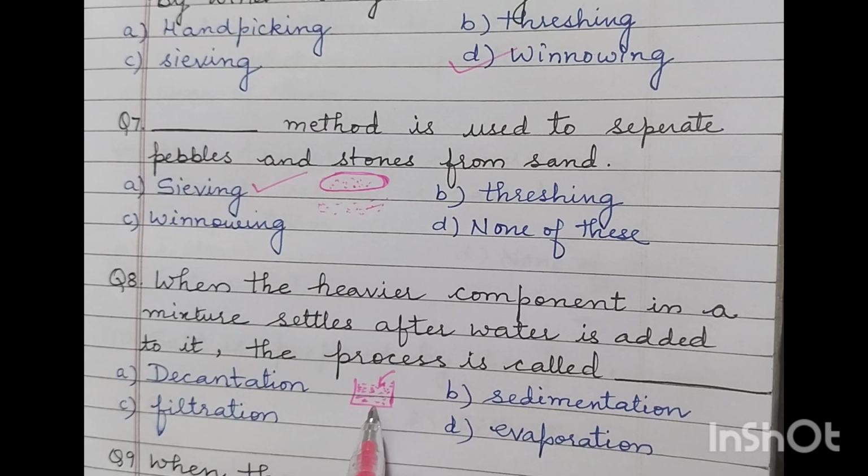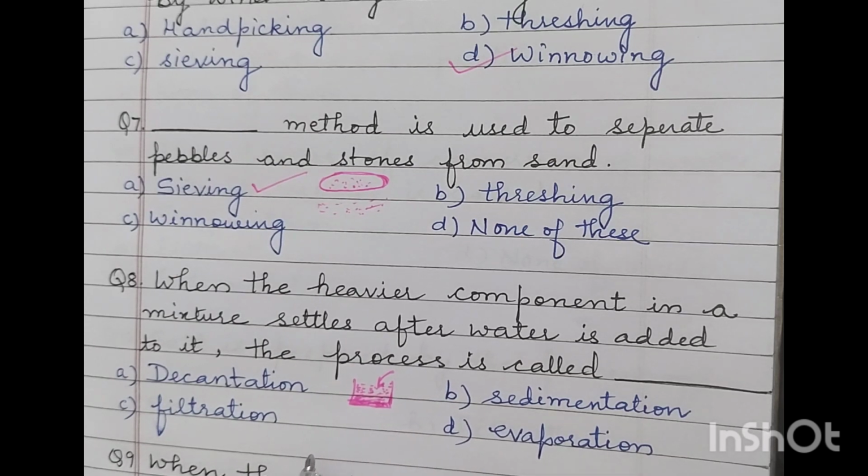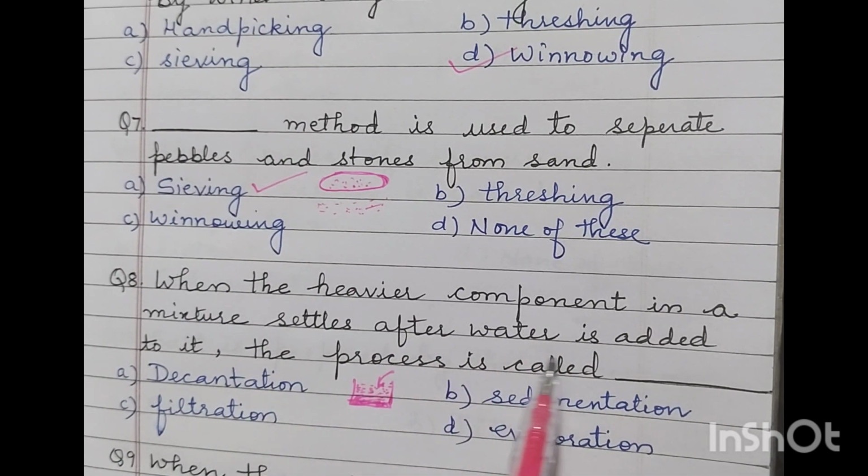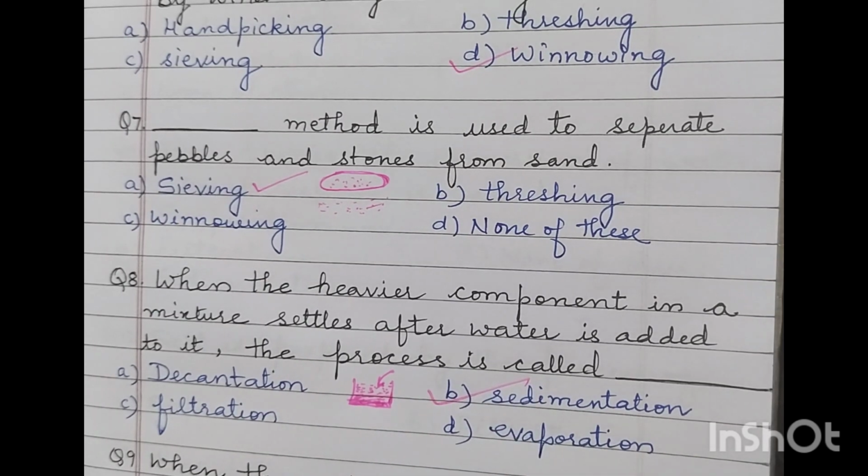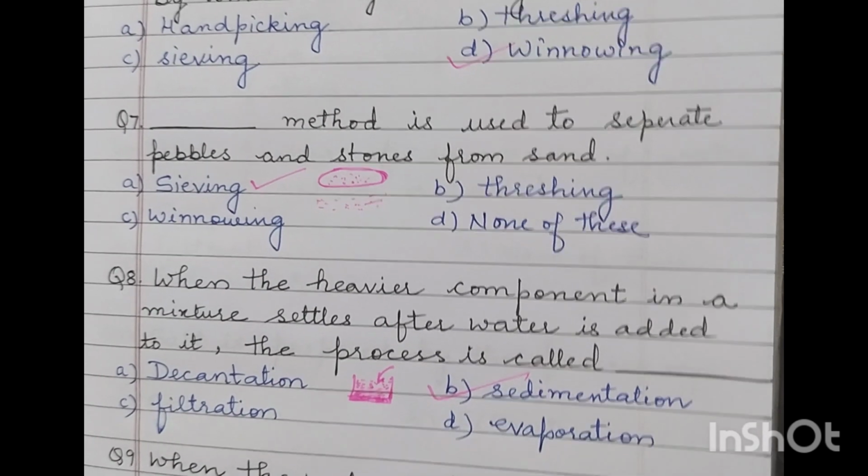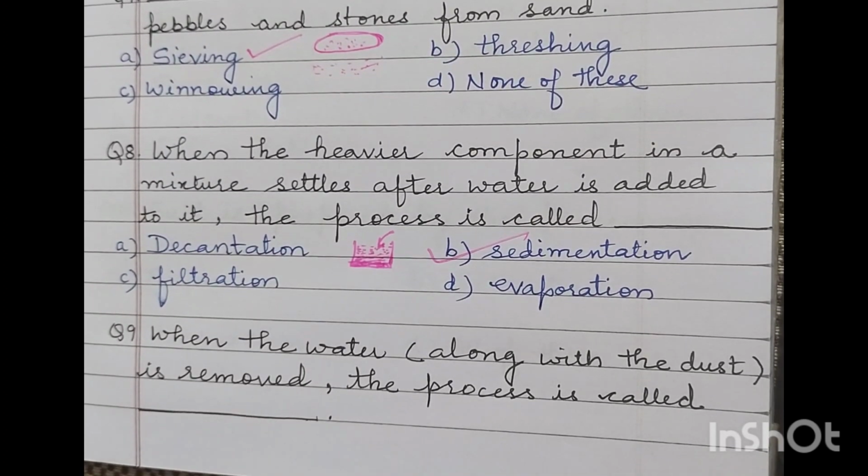After 15 minutes, don't disturb this beaker. Leave this for a few minutes. You will find after some time the chalk powder settles down, and the clean water can be separated. Now, this process in which heavier components in a mixture settle after water is added to it is called sedimentation, right?